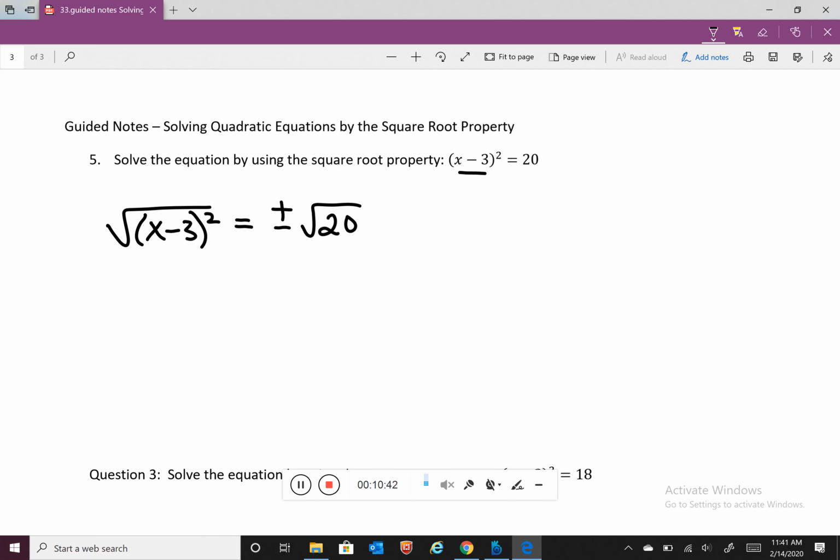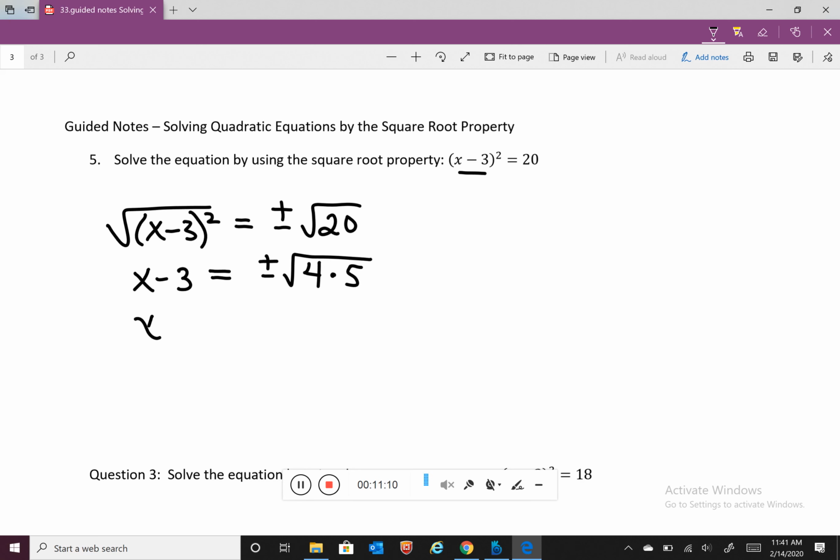So the square root of x minus 3 squared leaves us with x minus 3. And then this is, again, a step up because 20 is not a perfect square, but it does contain a perfect square. What does 20 contain that is a perfect square? And hopefully you grasped onto the 4 with a 5.